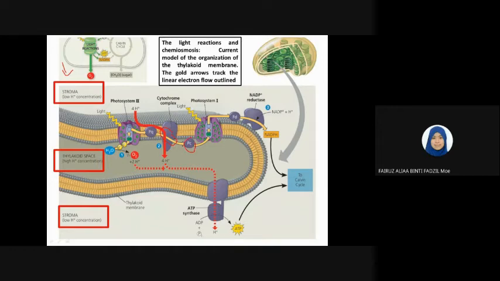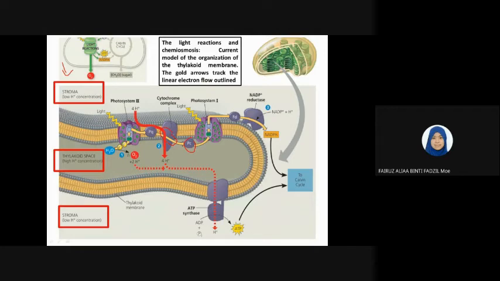So can you see the red arrow here? When the electrons pass through the cytochrome complex, the cytochrome complex will pump protons. Pump protons from where to where?